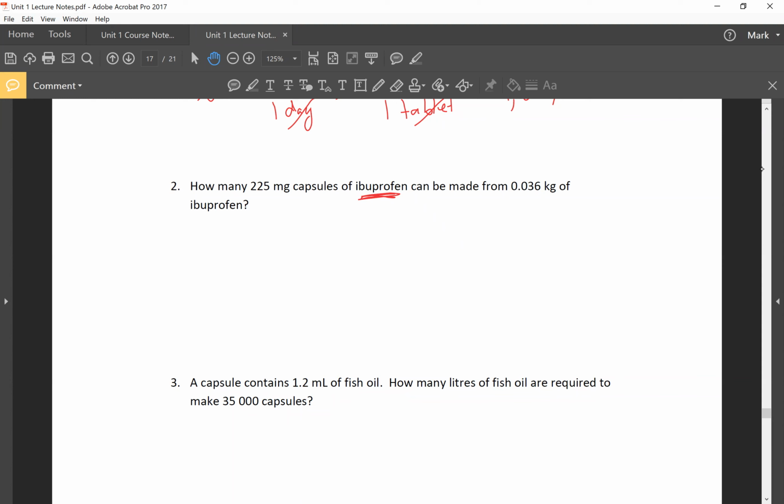So a couple things here that we need to consider. First of all, I know that 1 capsule is 225 milligrams. Okay, you don't need to write this stuff down, by the way. And the other thing I know, actually, this is really important, is you need to be able to convert from kilograms to milligrams. And there's actually 2 ways to do this. I'm going to show you 2 ways, but I might erase them and kind of stick with one.